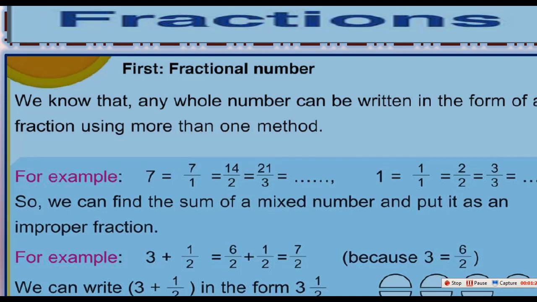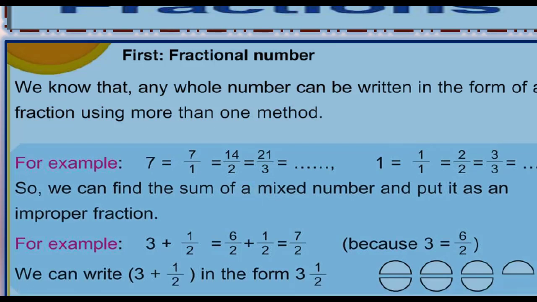Also, we can write 1 as 1 over 1, or mixed number, and put it as an improper fraction. For example, 3 plus 1 over 2, or 3 plus half, equals, we can write 3 as 6 over 2, because the second fraction has the denominator 2.